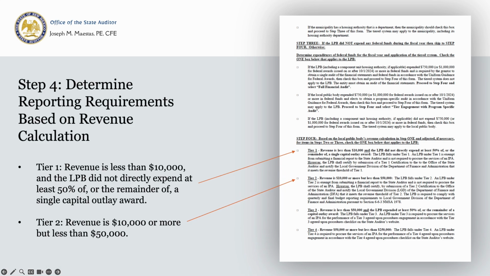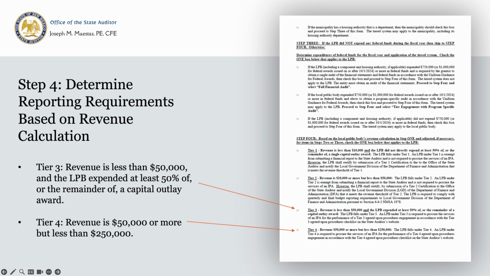Tier 1. Revenue is less than $10,000. And the LPB did not directly expend at least 50% of or the remainder of a single capital outlay award. Tier 2. Revenue is $10,000 or more, but less than $50,000. Tier 3. Revenue is less than $50,000, and the LPB expended at least 50% of or the remainder of a capital outlay award.